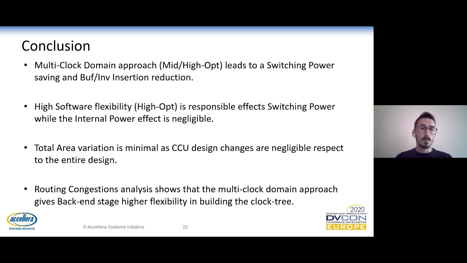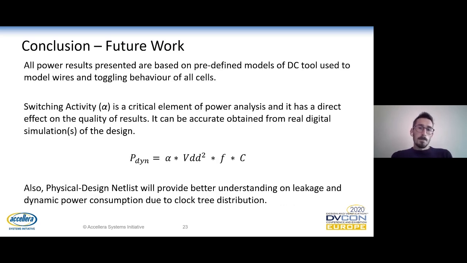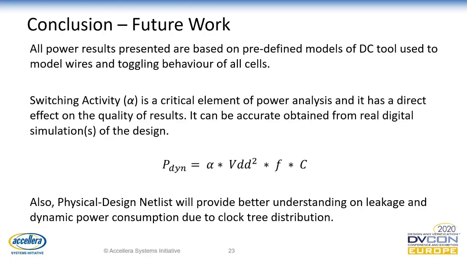And routing congestion analysis shows that the multi-clock domain approach gives the backend stage higher flexibility when building the clock tree. Now, there are a few things that I would like to comment on, mainly on the power numbers. All these numbers have been gathered using the DC tool and predefined models. What we know is that the dynamic power depends strictly on the switching activity of all the wires.